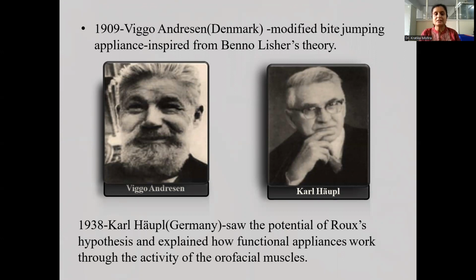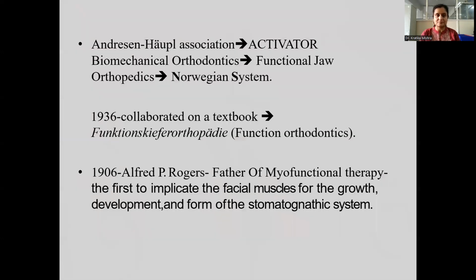In 1938, Karl Häupl saw the potential of Roux's hypothesis and explained how functional appliances work through the activity of orofacial muscles. Andresen and Häupl had association with the activator, and he explained biomechanical orthodontics, that is the functional jaw orthopedics. In 1936, he collaborated on a textbook based on functional orthopedics.